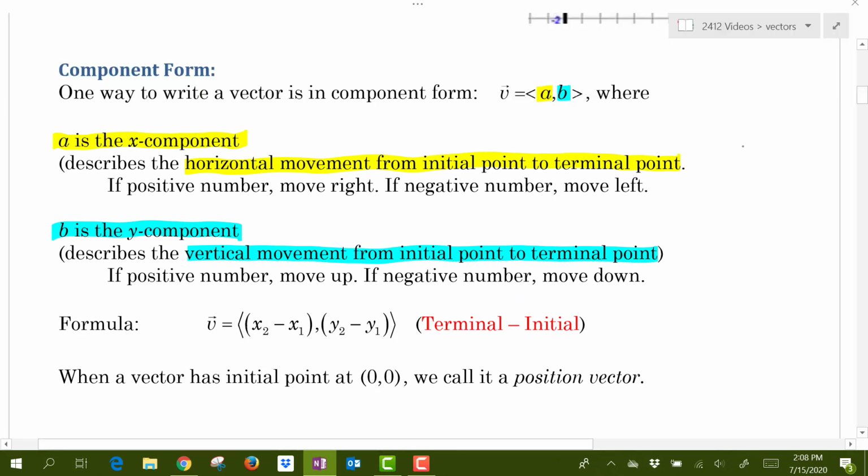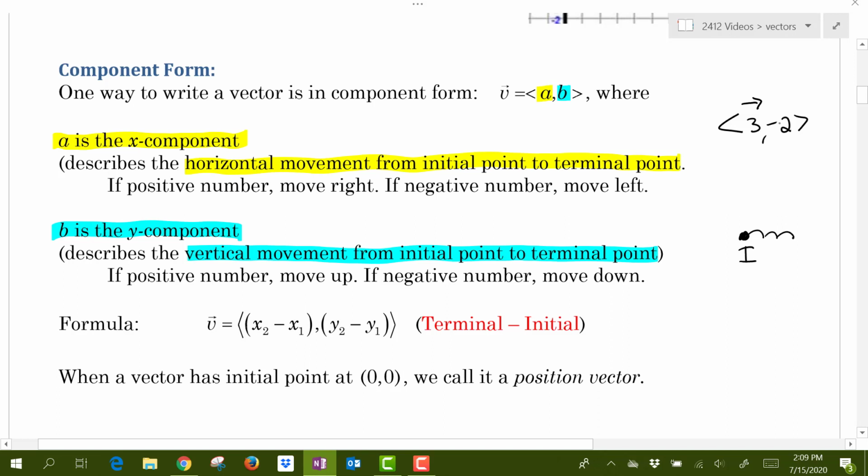So, for example, let's say that we had ⟨3, -2⟩ as one of the vectors. So there's the component form of a vector. So let's say that the initial point is here. Let's call that I for initial point. The first number listed would tell me to move to the right 3 units. So 1, 2, 3.